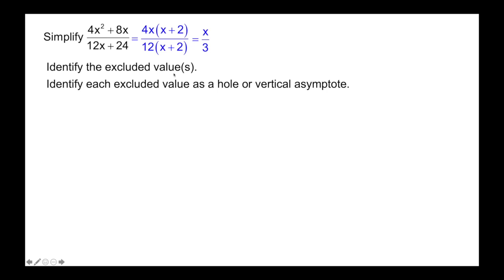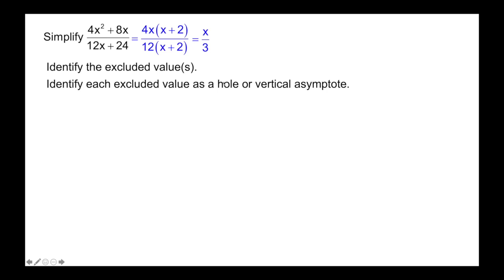Now when I'm looking for the excluded value here, again, I want to go to this step right here and set any of my factors not equal to 0. So if I try to do that with 12, there's no variable to look at here, so I don't need to worry about 12. But where I see x plus 2, if I say that cannot equal 0, that would give me a value of negative 2 as an excluded value.